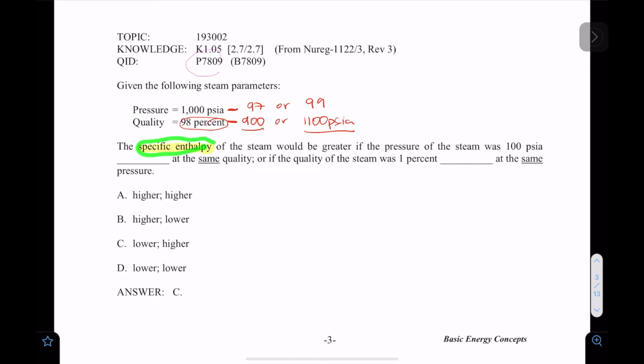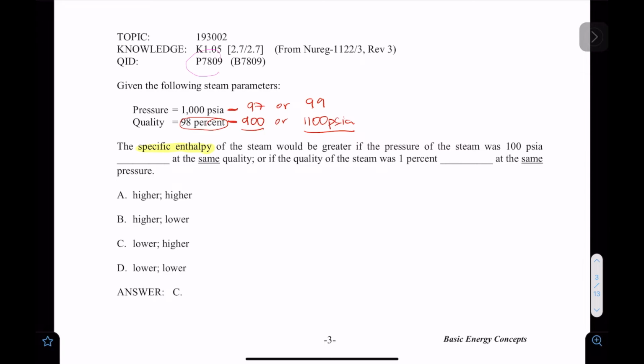It's asking us whether the specific enthalpy of the steam will be greater if the pressure of the steam was 100 psia lower at the same quality, or if the quality of the steam was 100% at the same pressure. So this is giving us options to think about.